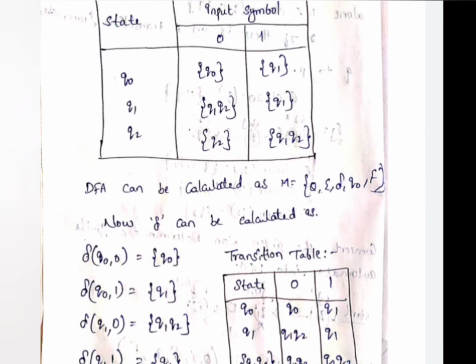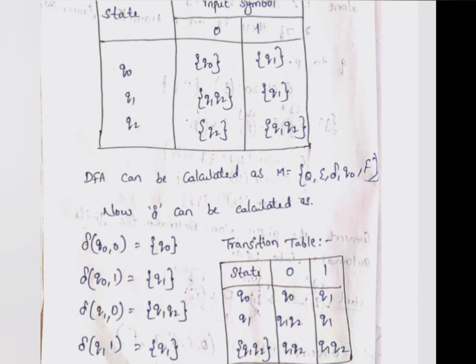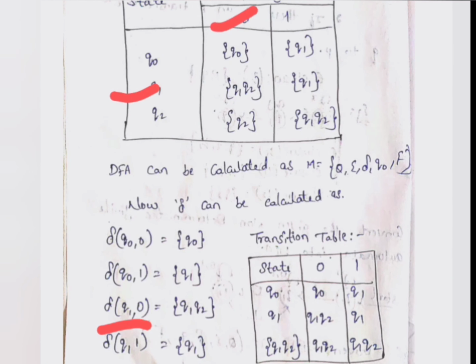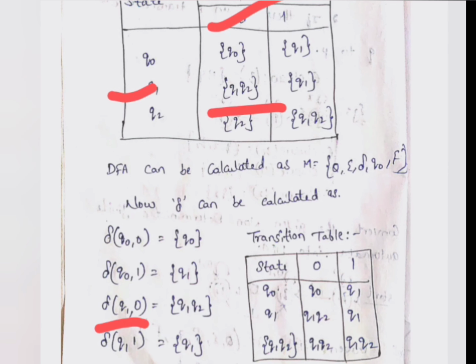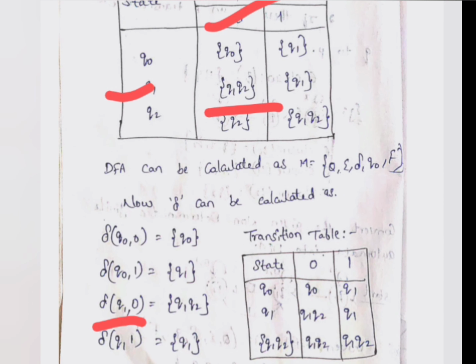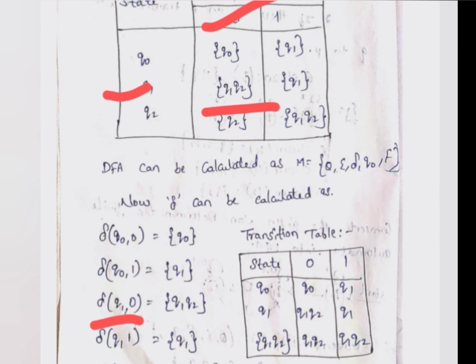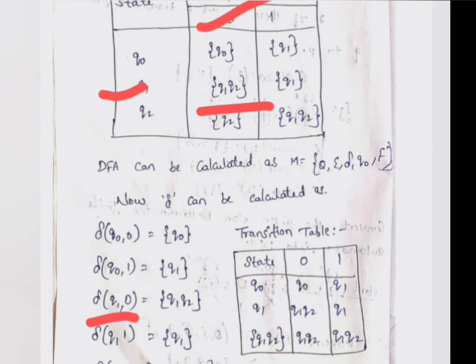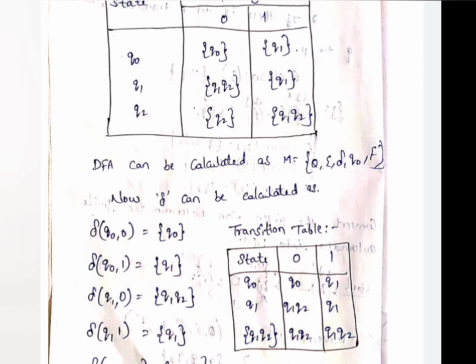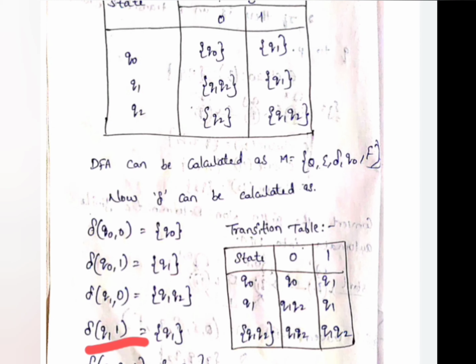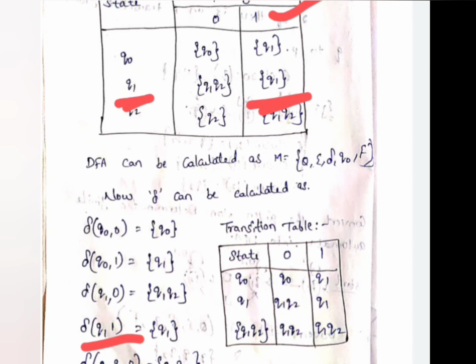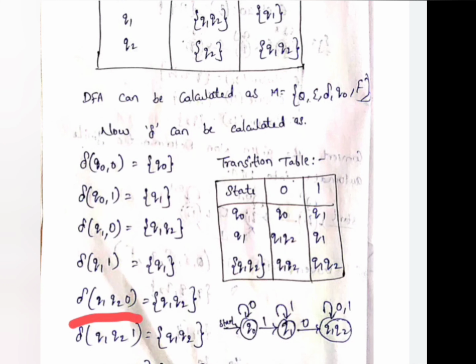Next, delta of Q1 comma 0 moves towards Q1, Q2. And delta of Q1 comma 1, that means Q1 with input symbol 1, moves towards Q1.